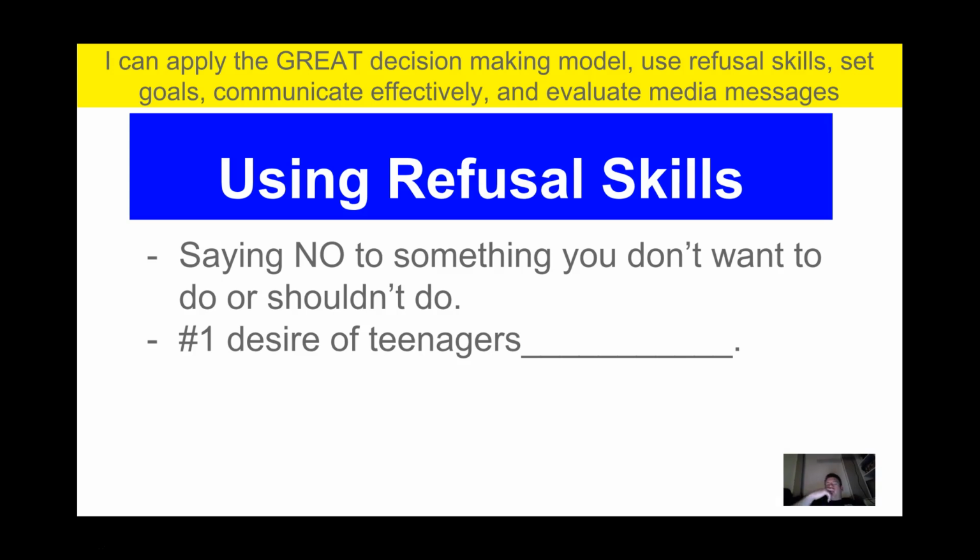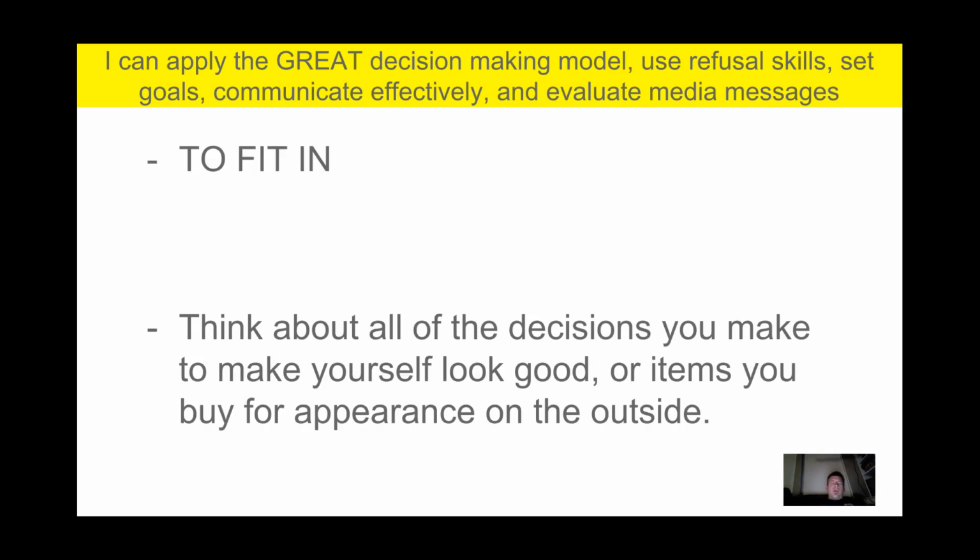And I want to point out down here the second point I had here, which says the number one desire of a teenager, and it's really simple, is just to fit in. So, generally speaking, all of you in class have some sort of clothing item that you put on because you knew it was culturally acceptable within your own peer group or community.